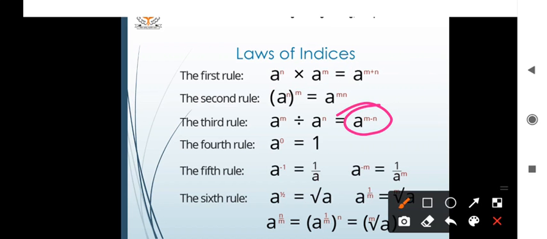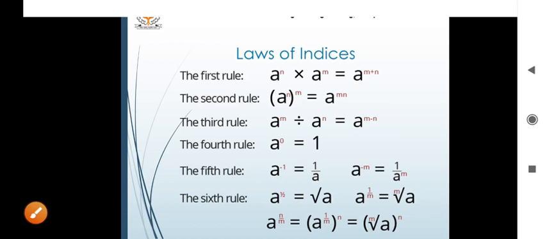Now, the next one, power of an index figure. In that case, we multiply both the indices to get the answer. Next, in case of roots or surds, if it is square root of a, then you can write a raised to 1 by 2 as an index figure.